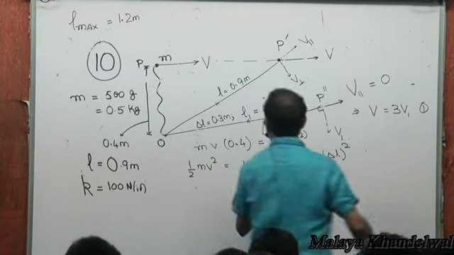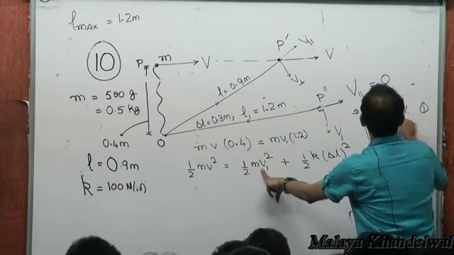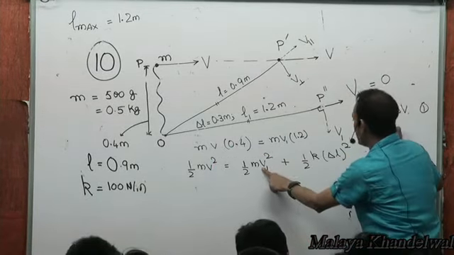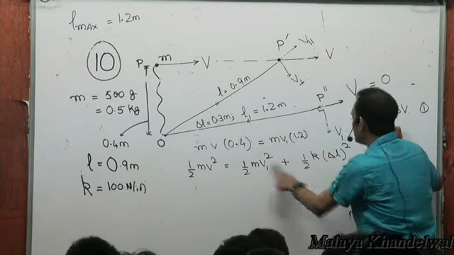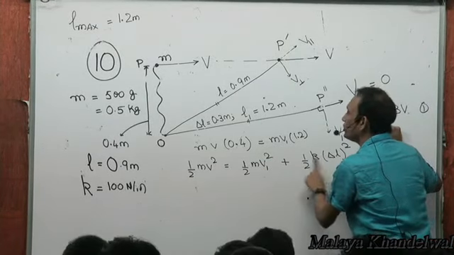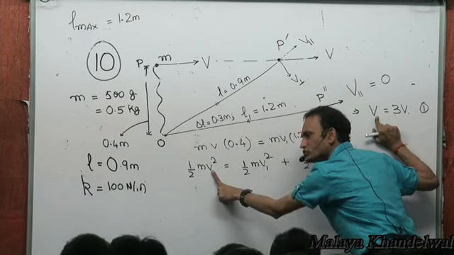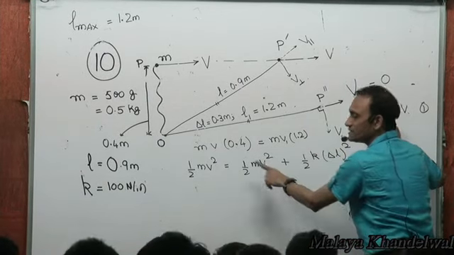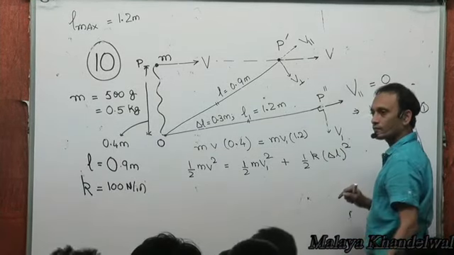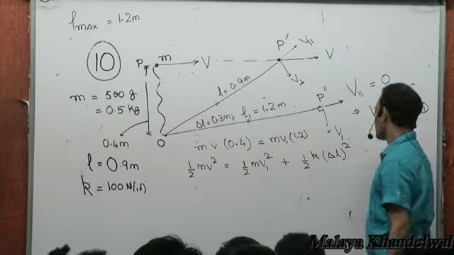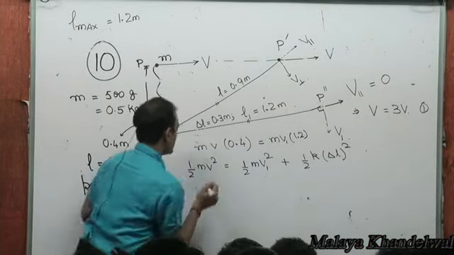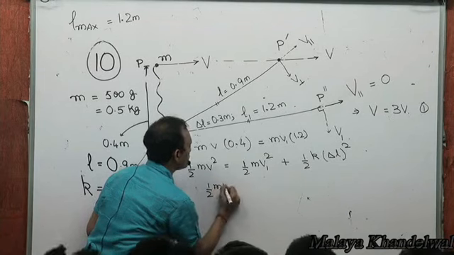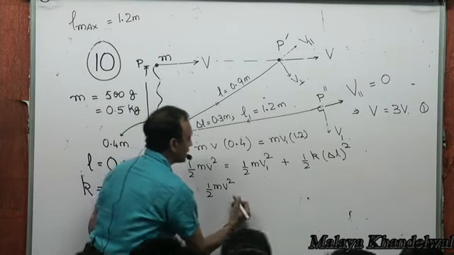You might want to replace this V1 by V by 3. Replace this V1 by V by 3. Delta L is known, k is known, and you will be able to solve for V. Yes or no? V1 is V by 3. So half m V squared into 1 minus 1 by 9.